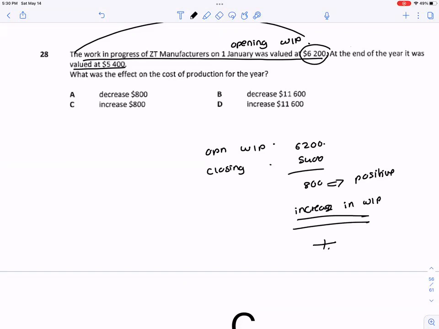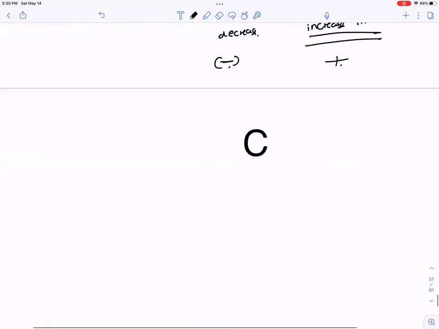So it's C. It will increase the cost of production.